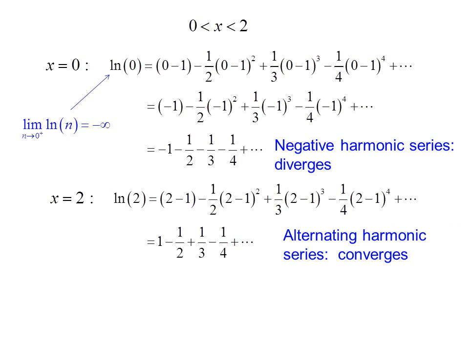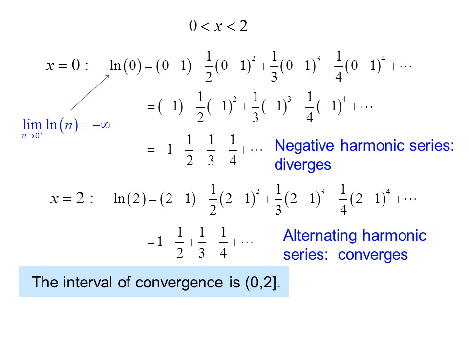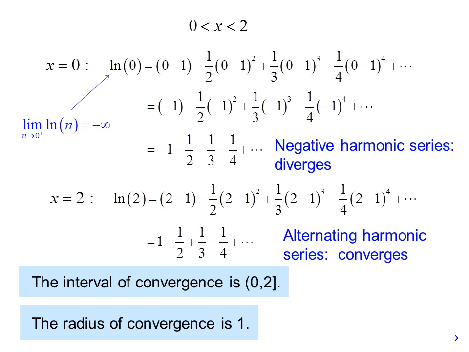We recognize this as the alternating harmonic series, which converges, and apparently it converges to the natural log of 2. Therefore, the interval of convergence is from 0 to 2. It's open on the left and closed on the right. The radius of convergence is 1.